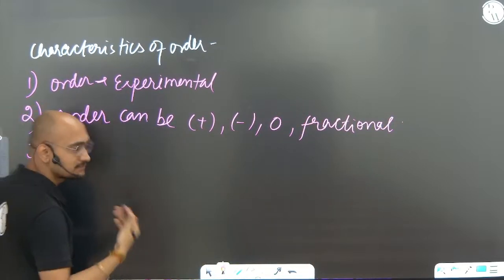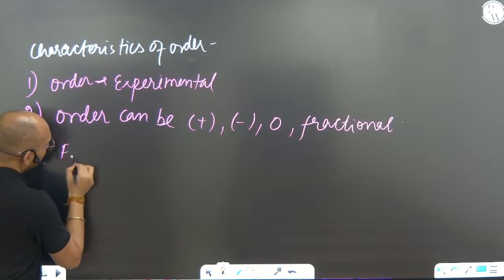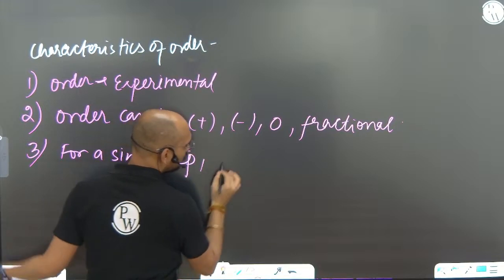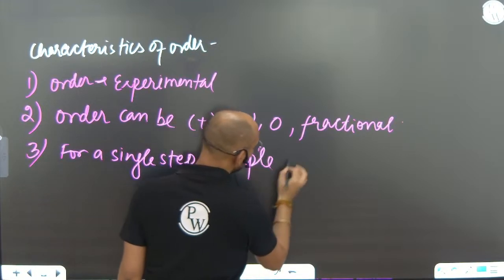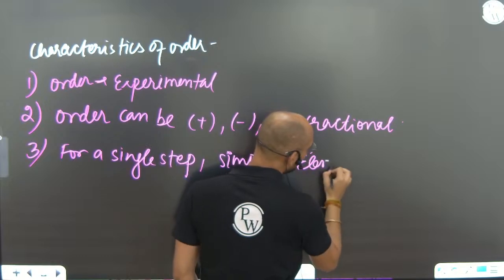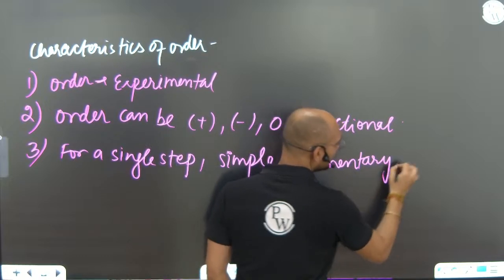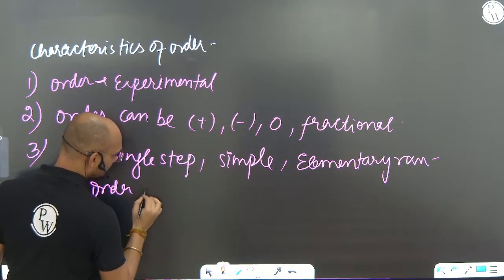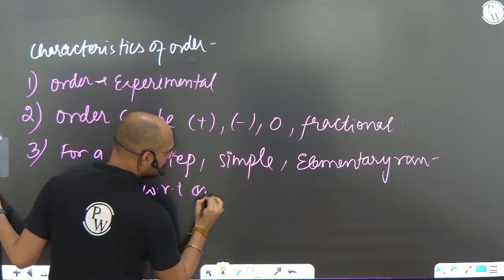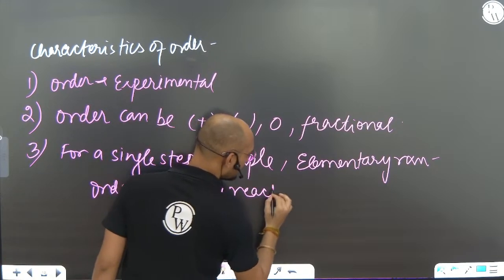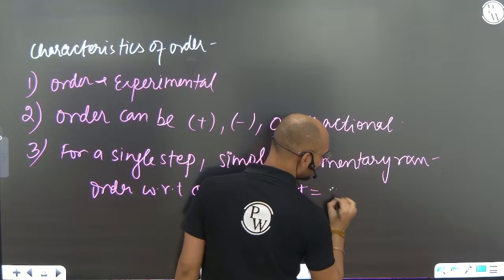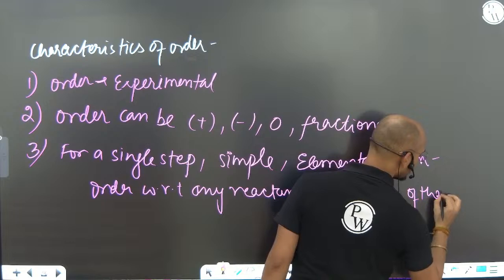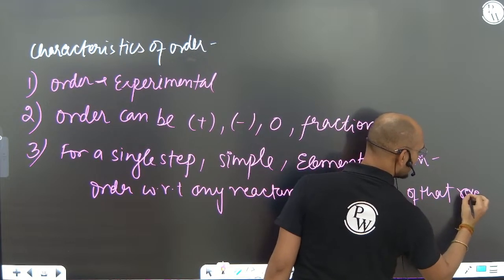Next, for a single step reaction, which we also call simple or elementary, the order with respect to any reactant becomes equal to the stoichiometric coefficient of that reactant.